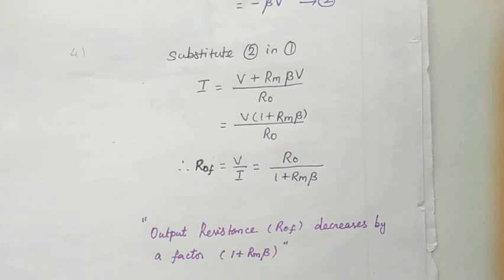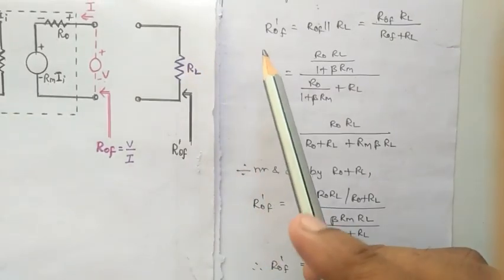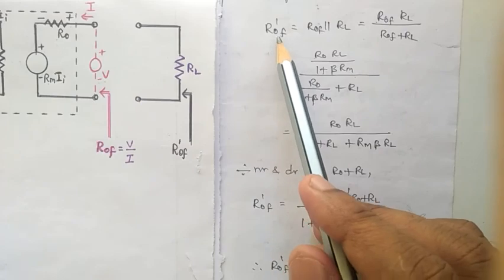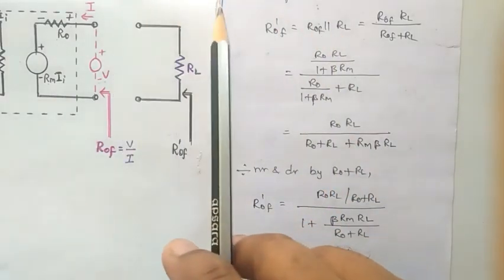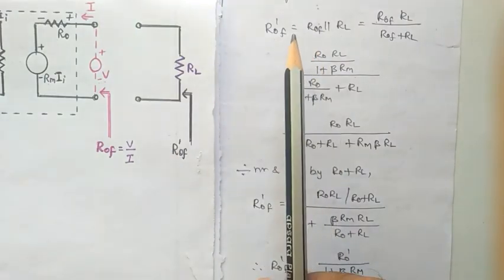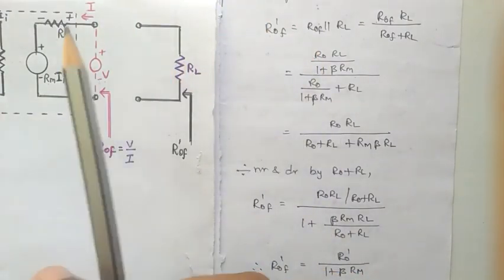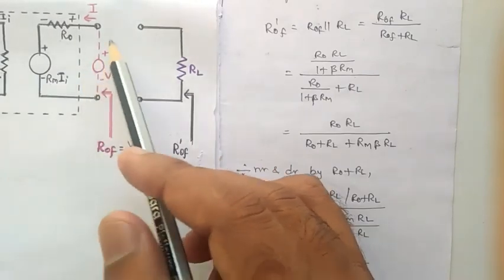Next we move to finding ROF dash. What is ROF dash? ROF dash is equal to ROF parallel to RL. RL was disconnected earlier. Now for calculating ROF dash, we have to attach it to this circuit. So I remove all these things.